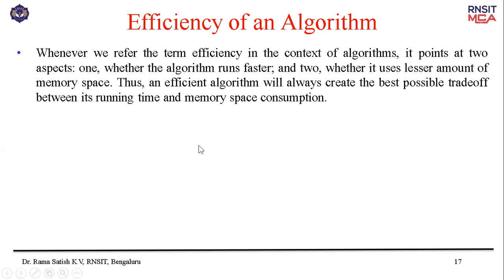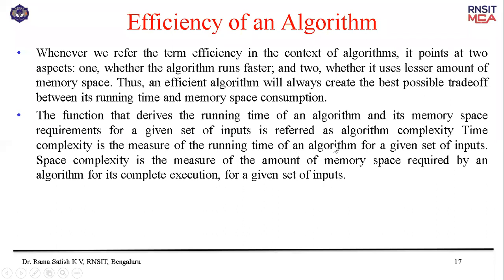The function that derives the running time of an algorithm and its memory requirement for a given set of inputs is referred to as algorithm complexity. Among complexities, the first one is the time complexity.